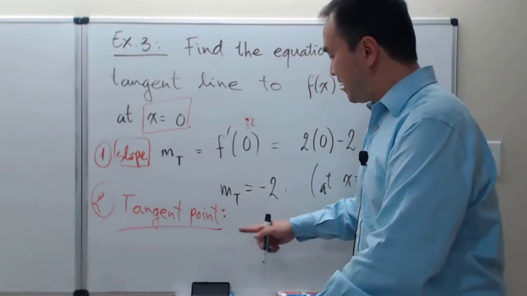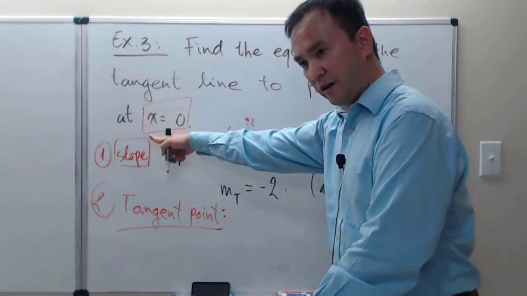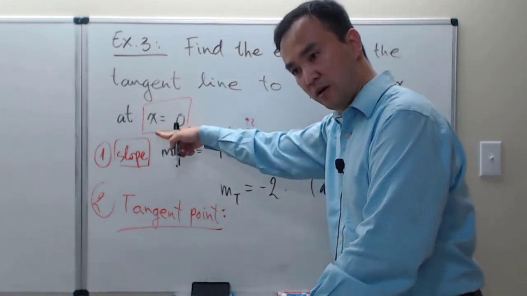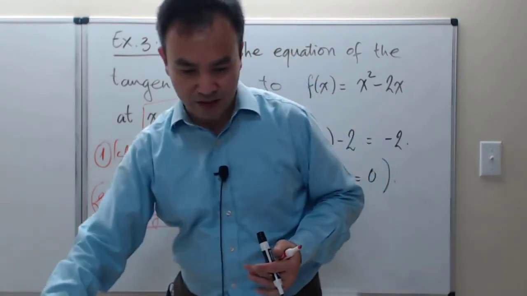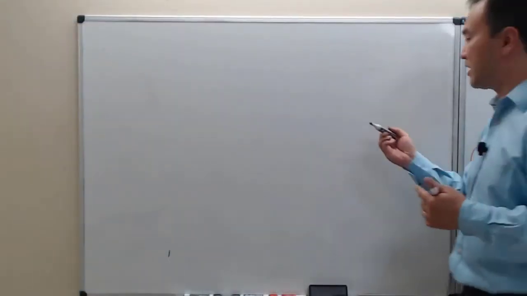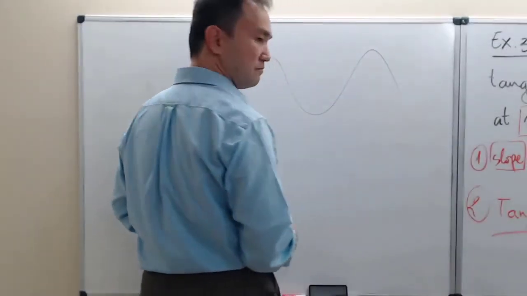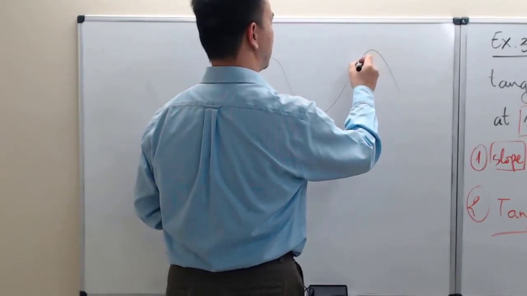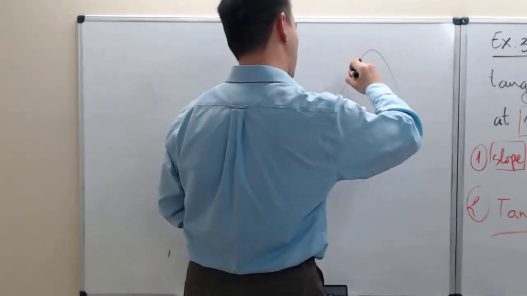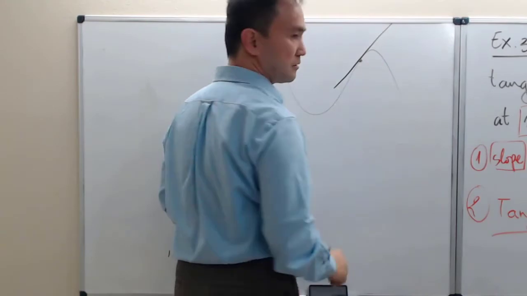So the tangent point is simply, well, we already had the x value of our tangent point. Imagine, let me quickly swing to the other board, your graph could be whatever. The tangent point is the point on the graph where the tangent line goes through it.